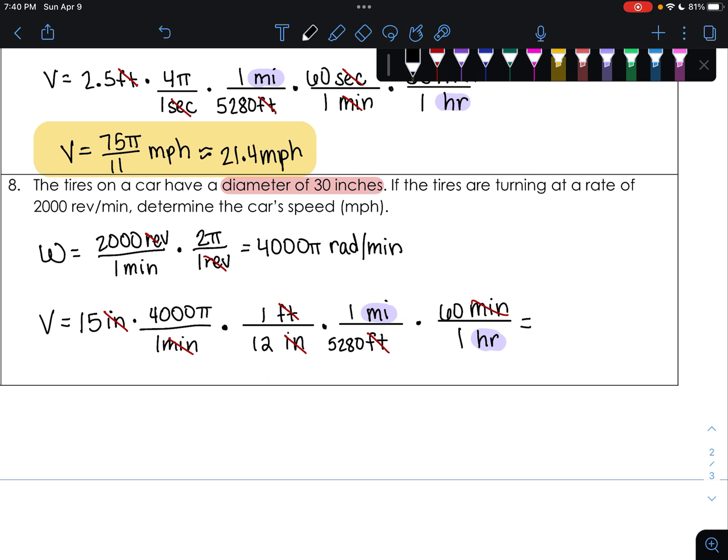And on the bottom, 12 times 5,280. When you do that in your calculator, it should give you 625 pi over 11 miles per hour. As a decimal, that would be 158.5 miles per hour.